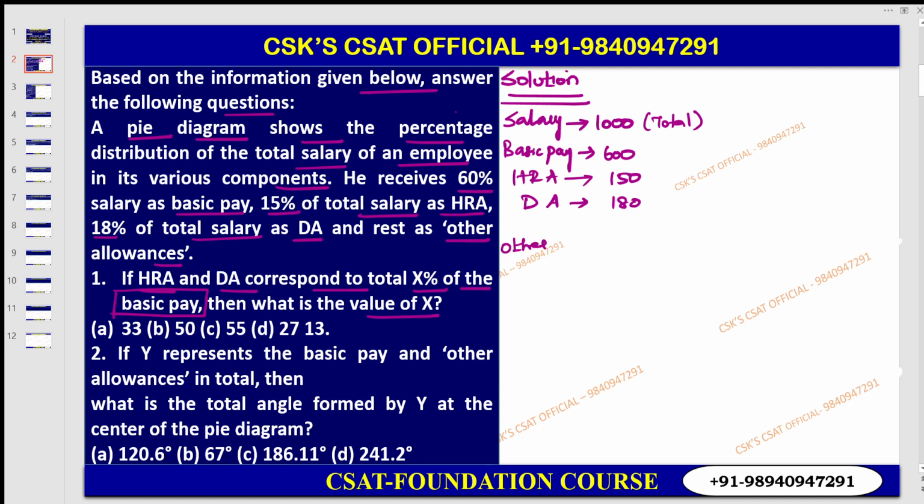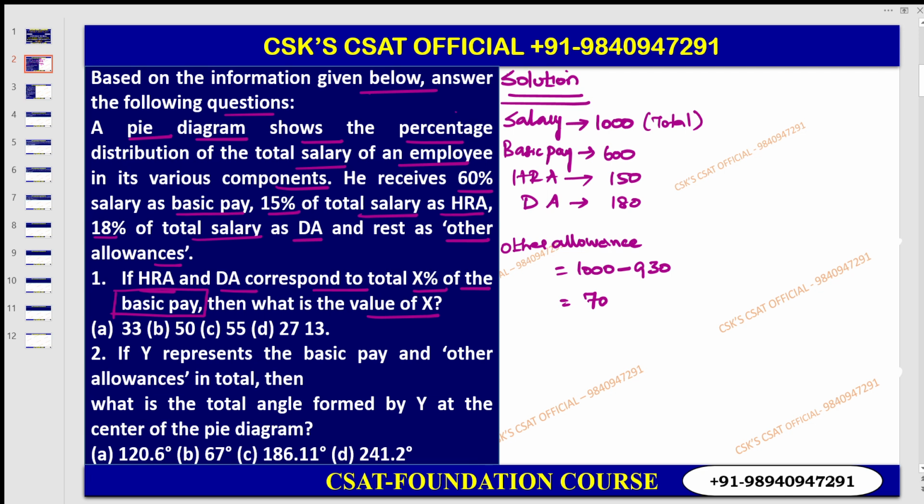Now try to understand how to find the other allowances. You have to add up 600, 150 and 180, and then subtract from the 1,000. From the total salary you subtract this 930, and you will get 70. So this is the other allowances.